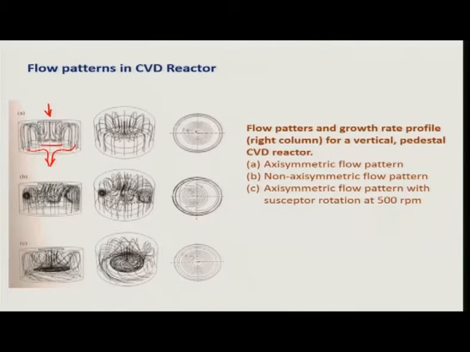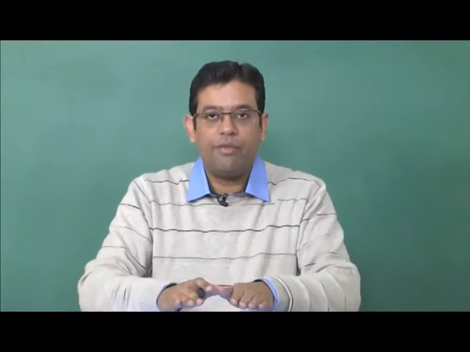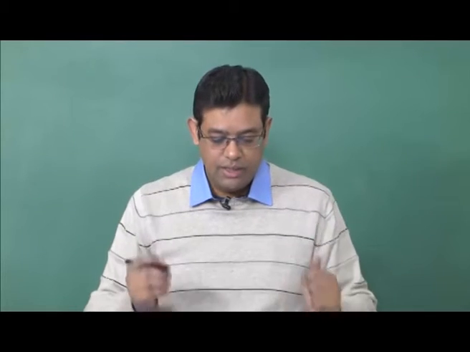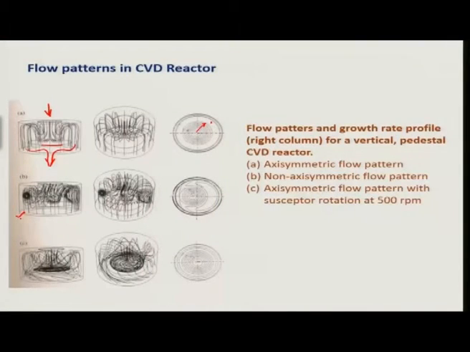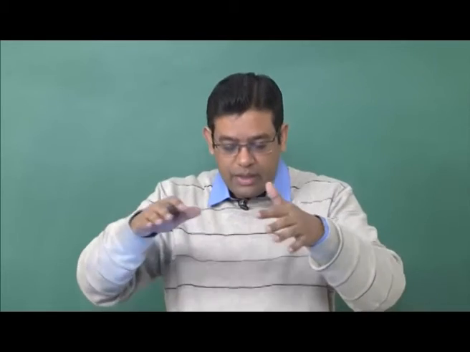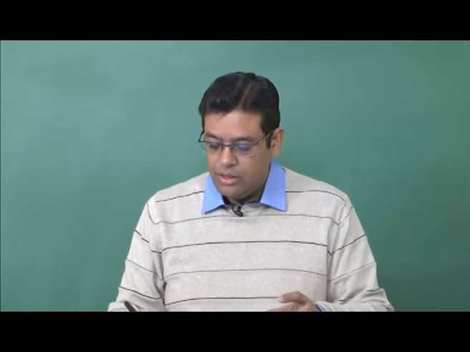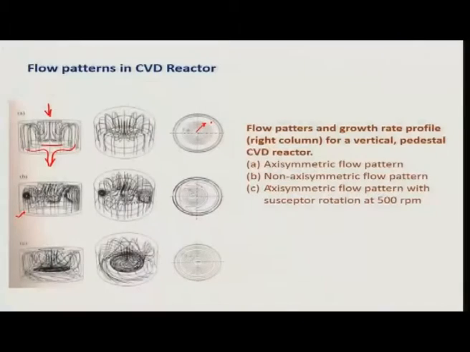You see that to a large extent there is some uniformity, but there is no deposition here, because once the gases come in, they bounce off the substrate and then they go axially. This is a case where your vacuum pump is on one side. So, the gases are coming straight down, but their flow is non-symmetric. Okay, and you get a non-symmetric deposition profile.